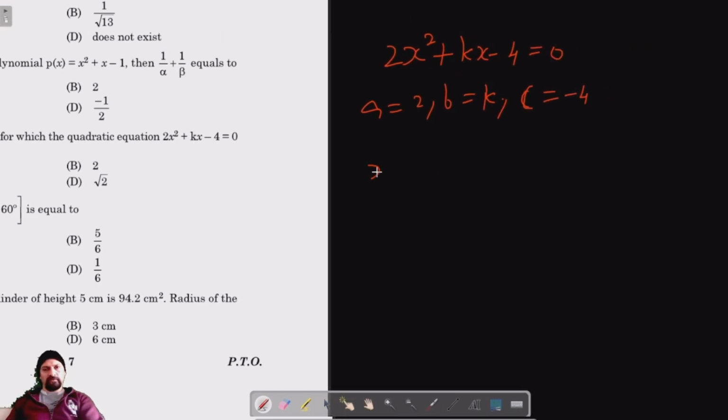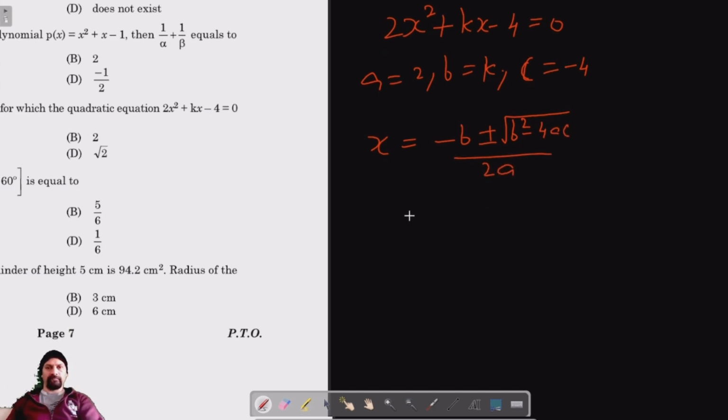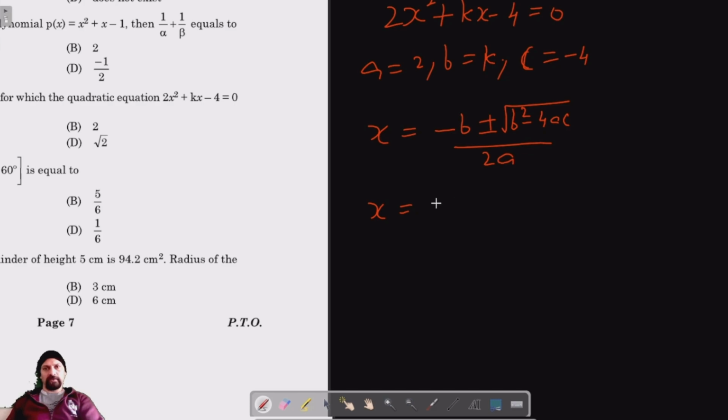What does it mean? We know that the root of the quadratic equation is given by minus b plus minus root of b square minus 4ac upon 2a. Let me put in the respective values, which is minus k plus minus root of k square minus 4 into a, which is 2, into negative 4, by 2a.